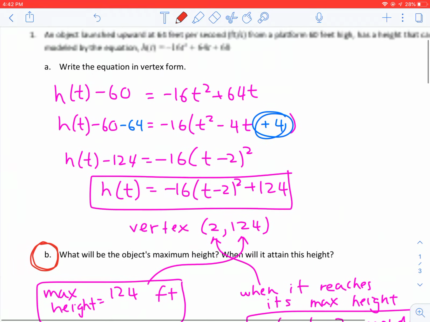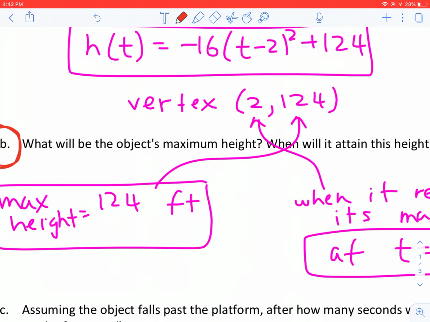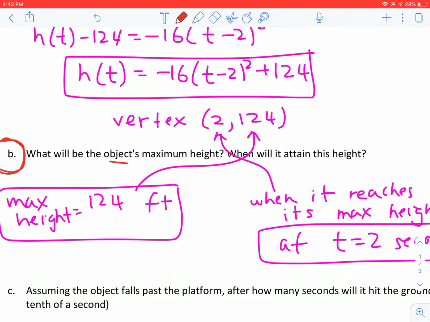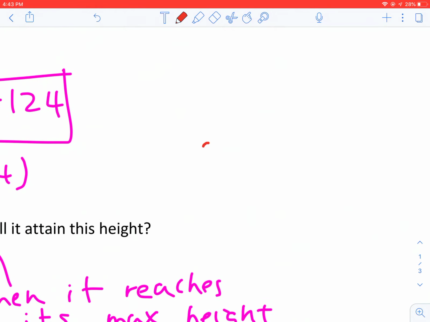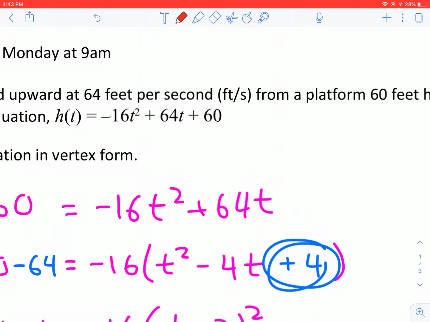So let's pretend letter A wasn't here and you didn't have to get vertex form. If you just had letter B and you wanted to answer this question, you could also do x equals negative b over 2a to get the axis of symmetry. And let's see what that equals. Our b value is 64 and the a value is negative 16.